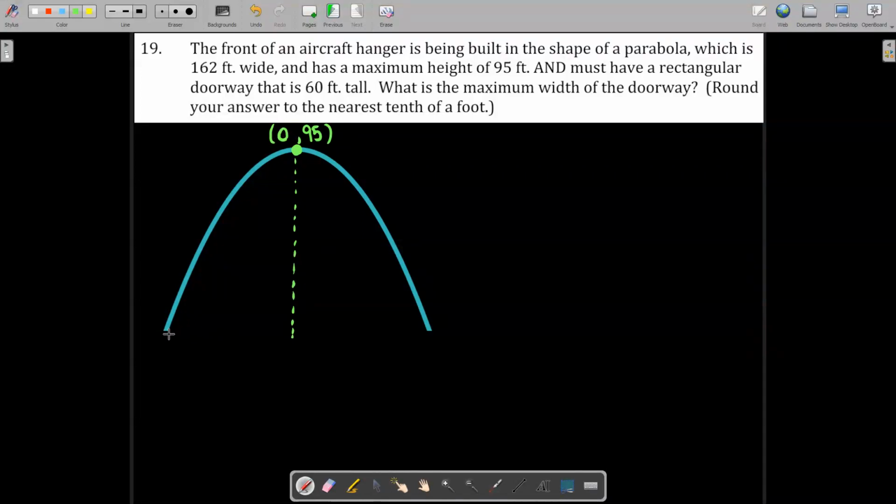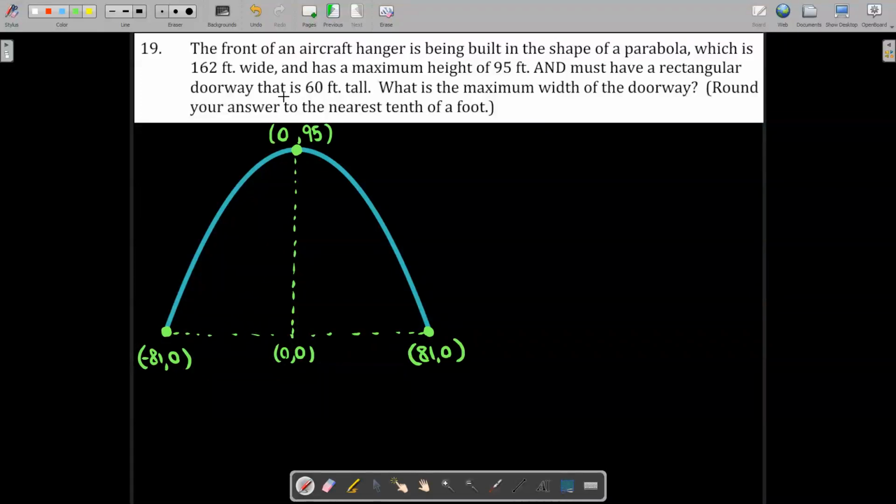So if this thing is 162 feet wide, and this point right here is the origin at 0, 0, then these 2 points are going to be equidistant from that. That'd be negative 81, 0 over here, and positive 81, 0 over here, because 81 is half of 162.